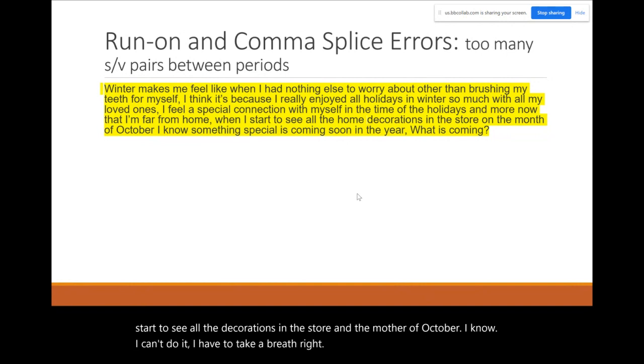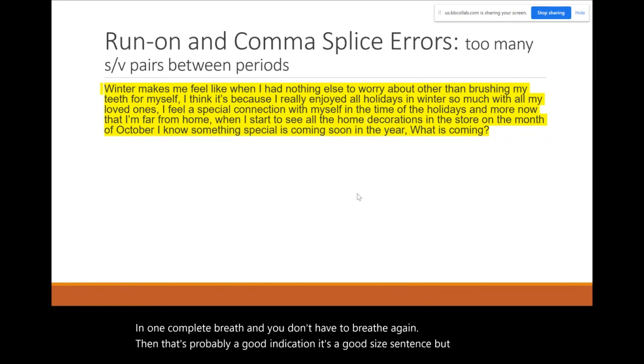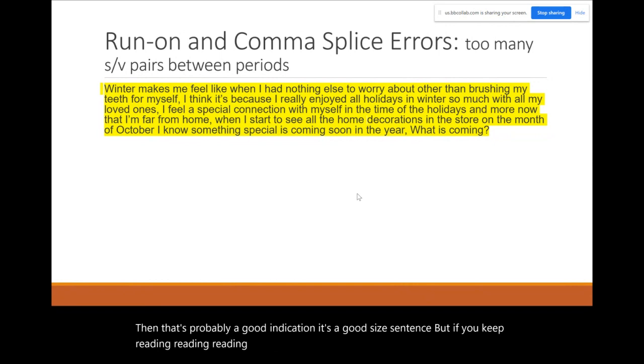So if you can say the sentence in one complete breath and you don't have to breathe again, then that's probably a good indication. It's a good size sentence. But if you keep reading and you can't finish your sentence in one breath, it's probably too long. And take a look at this, guys. Look how many subjects and verbs.